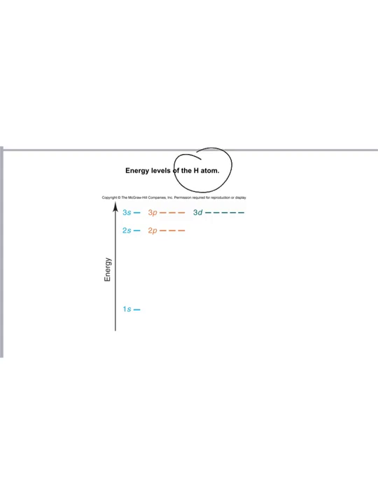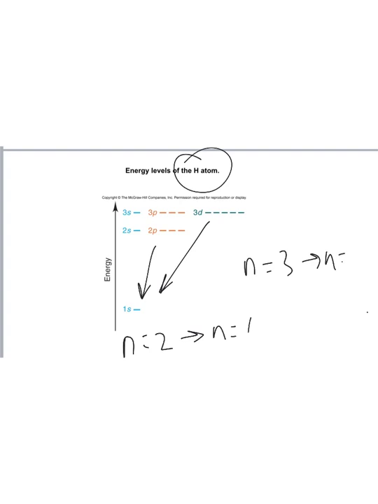Notice that, remember when we were doing emission spectra before, all you cared about was what the n values were. Like if n equals 2 goes to n equals 1, or n equals 3 goes to n equals 1, and then the wavelength corresponds to that. Like the energy of the photon is equal to hc over lambda.